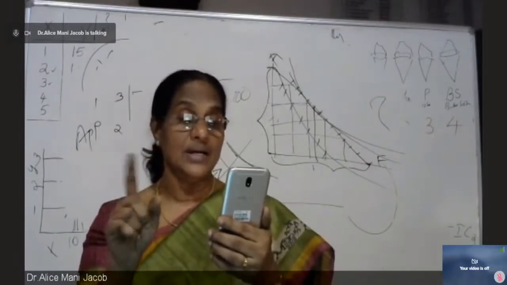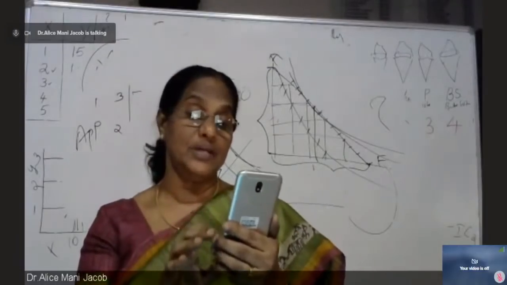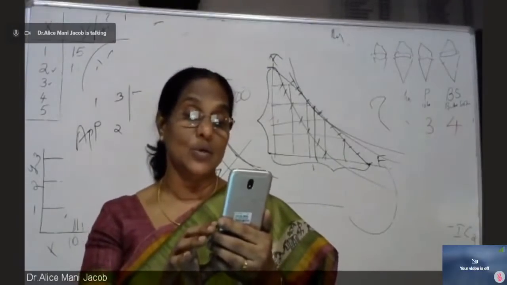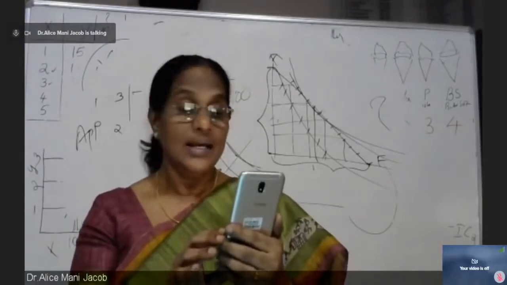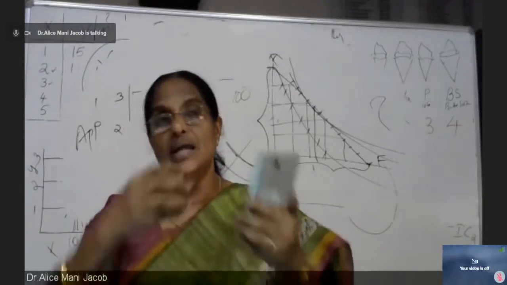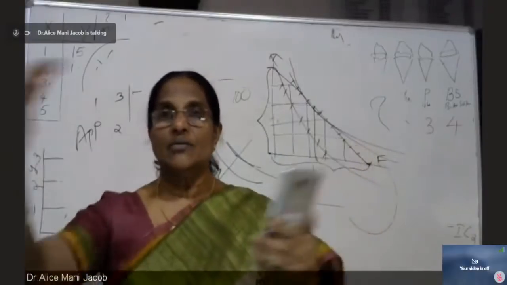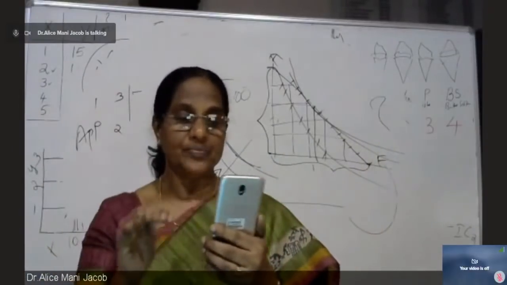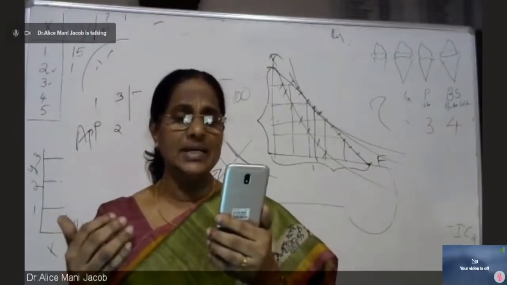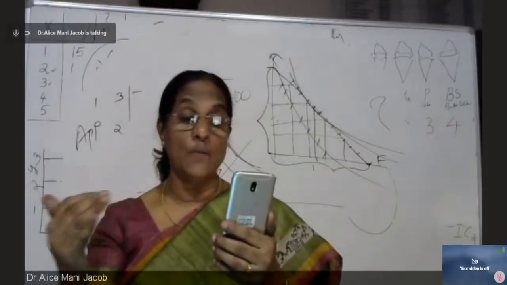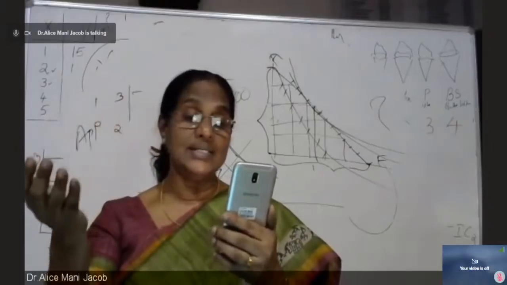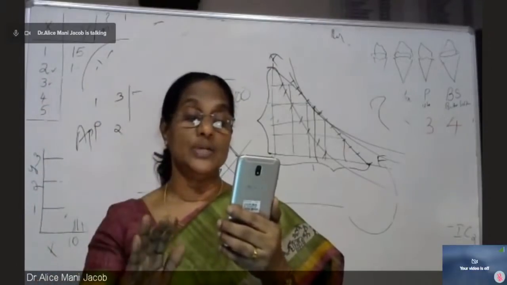Explain income elasticity of demand. Very sorry, I cannot go back that much, but still, income elasticity of demand is how your demand expands or contracts when your income changes. When your income changes, demand for all normal goods would increase, and demand for inferior goods will decrease.